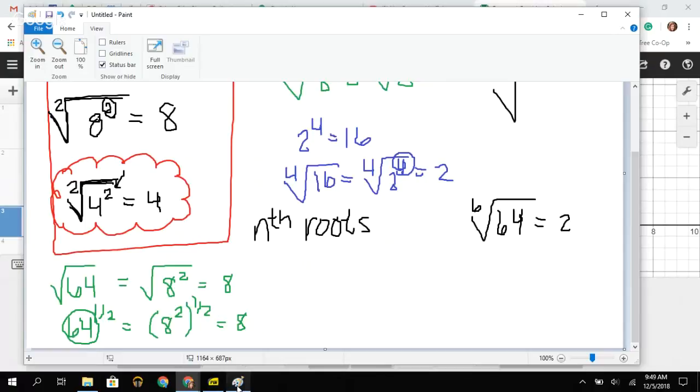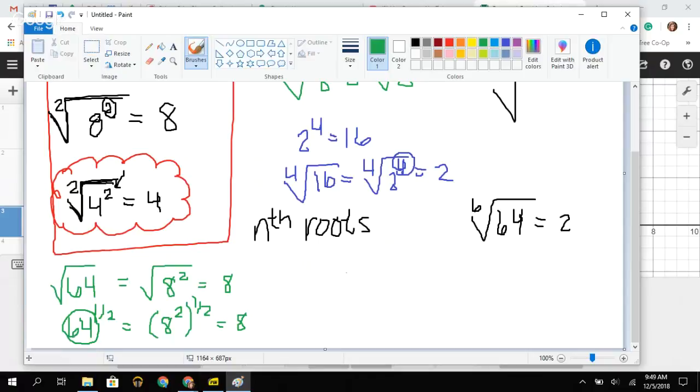So that's kind of a new thing. Extending that a little bit, if you are taking the cube root of, we'll just say x, because it doesn't matter what's in there, another way you could write that is x to the 1/3 power.